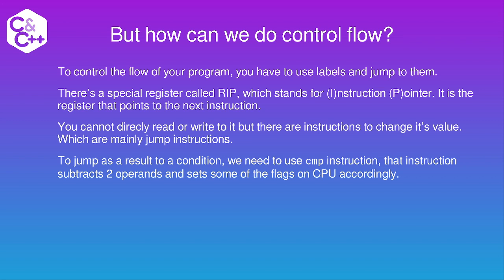To jump as a result of a condition, we need to use CMP, which stands for comparison instruction. That instruction subtracts two operands and sets some of the flags on the CPU accordingly. I'm not going to go deep into what flags are in the CPU, but just keep in mind that they're like toggle switches that toggle depending on specific events, like when a number overflows.